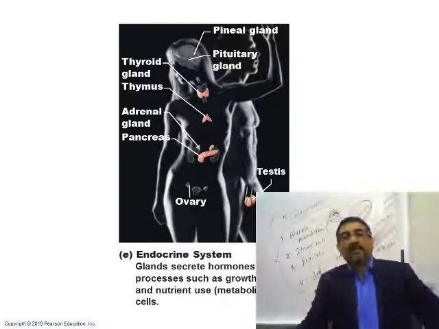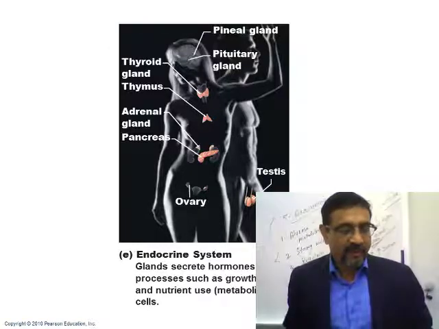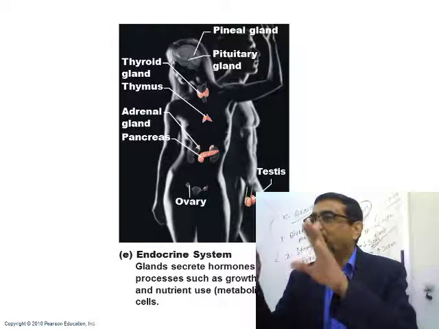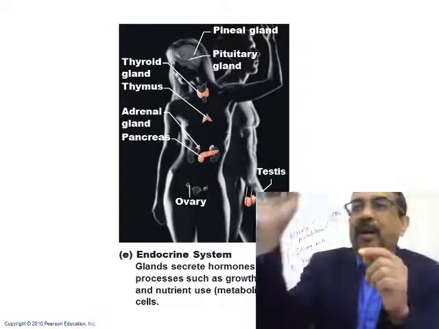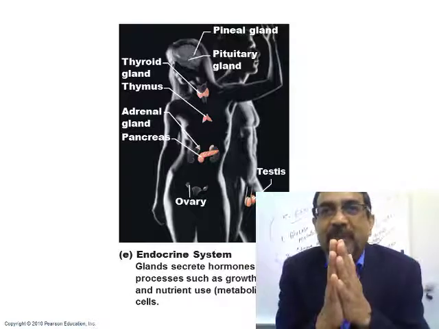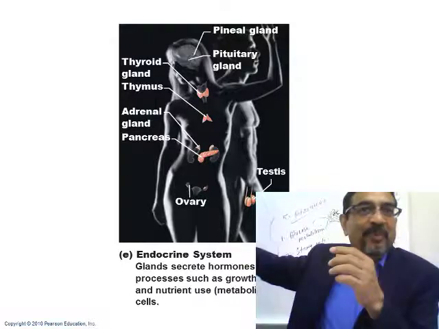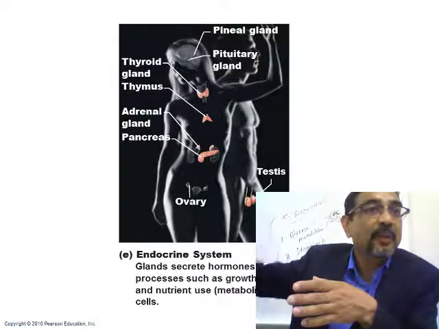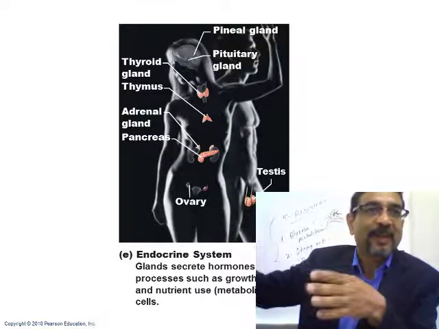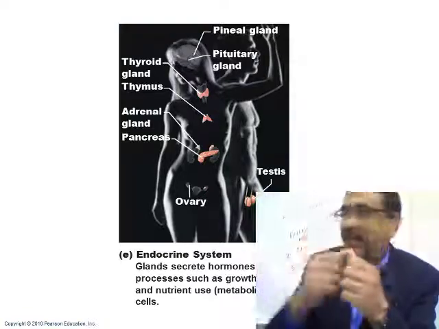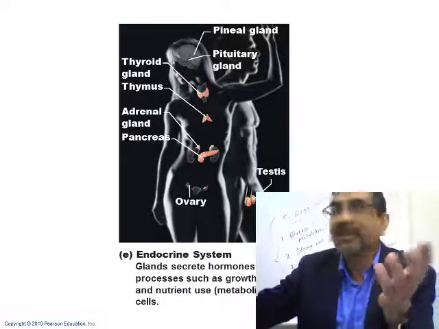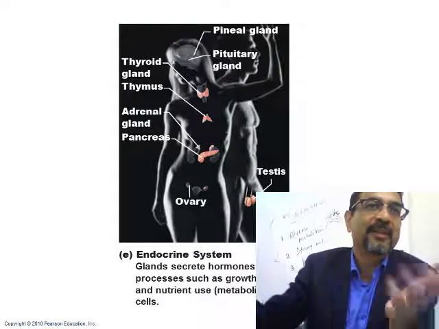Now, you see few organs of your body are parts of more than one system. The last thing, gonads. Gonads are part of endocrine system because they produce sex hormones, right? But they are also part of the reproductive system, because testis produces sperm and ovaries produce egg.